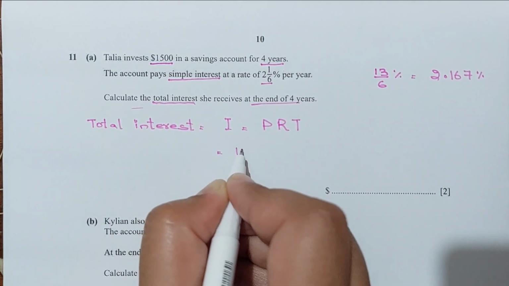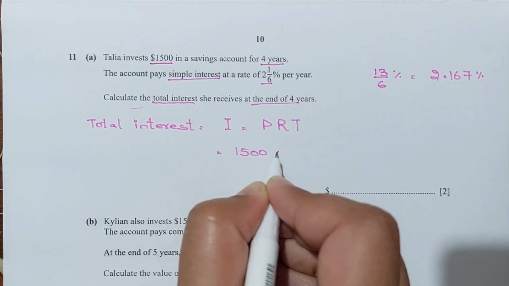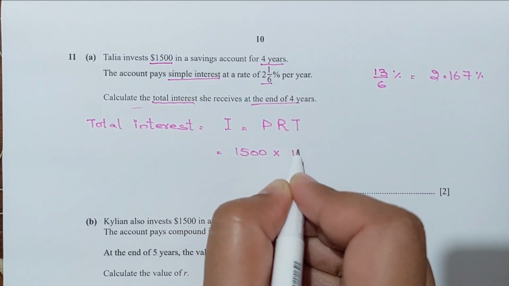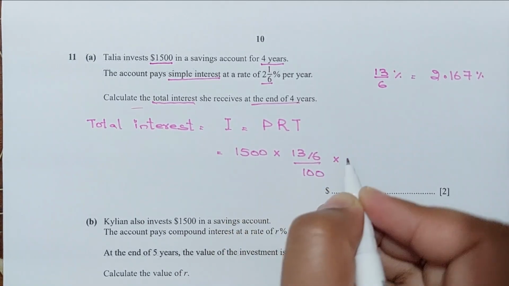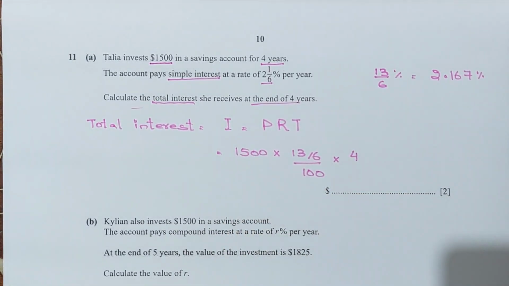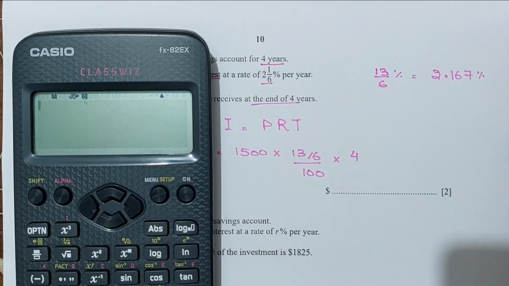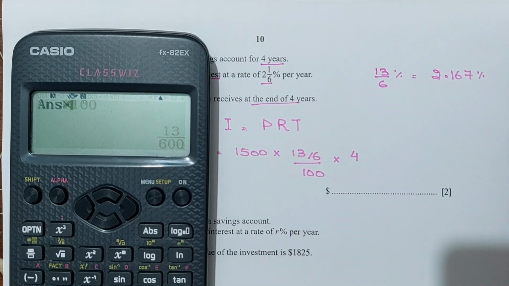So P is the investment, R is the interest rate, which is 13 over 6%, and T is the number of years. Yes. Okay, so 13 over 6%, divided by 100, times 4, times 1,500.